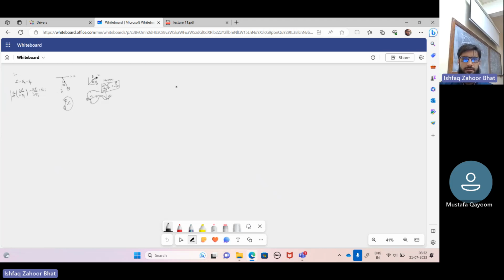So now we have this. We calculate the expression for this Lagrangian as E kinetic minus E potential energy.